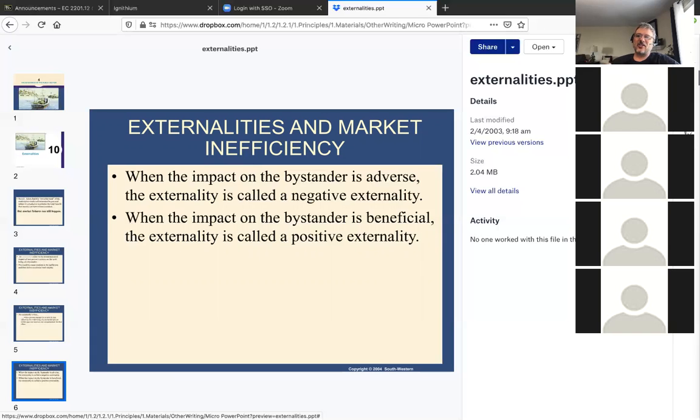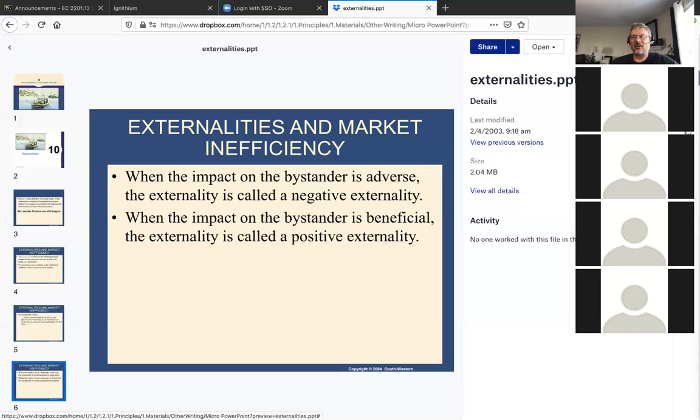So this should sort of cement in your mind that something different's going on here. Economics is concerned about economic efficiency. Economists aren't concerned with everyday notions of good and bad, of some sense of justice or something like that.